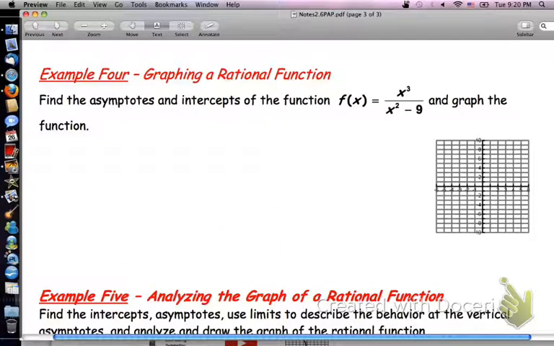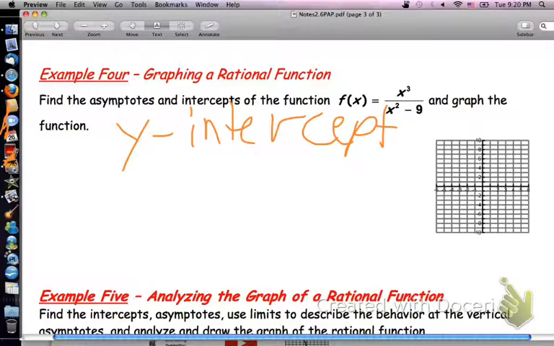Now let's look at the y-intercept. The y-intercept will be where we plug in 0 for x.